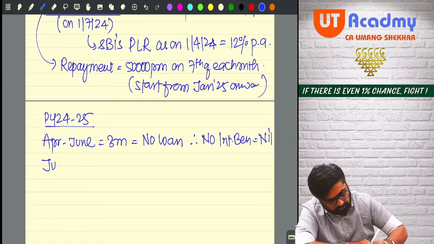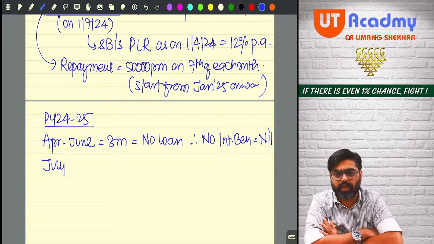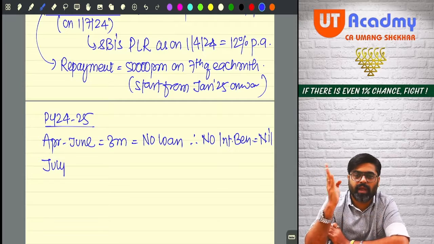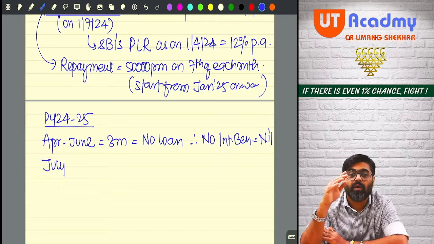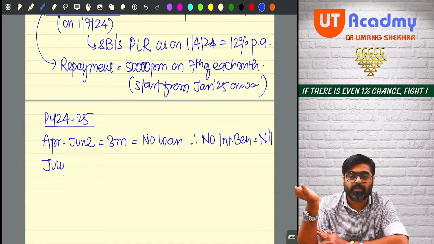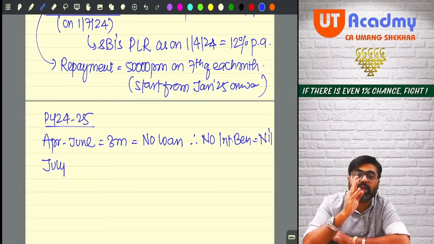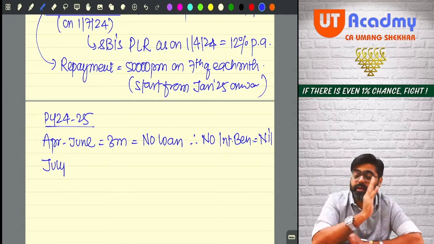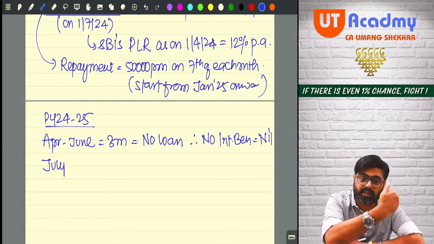Starting from July, I have now taken the loan in the month of July. July last day, the loan outstanding is 10 lakh. August last day, 10 lakh. September last day, 10 lakh. This will remain outstanding till December, because from January, the repayment is starting.